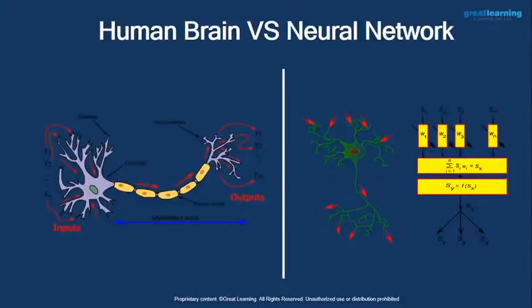Basically we have three parts in an artificial neural network: an input layer, a hidden layer, and an output layer. The hidden layer works as a black box if you don't know the mathematics behind it. But if you know the mathematics behind it, it is not a black box.